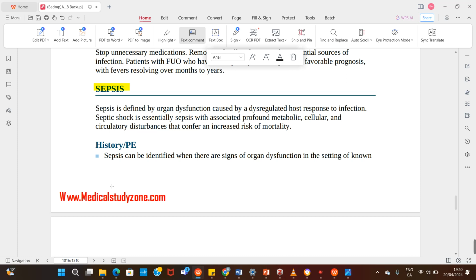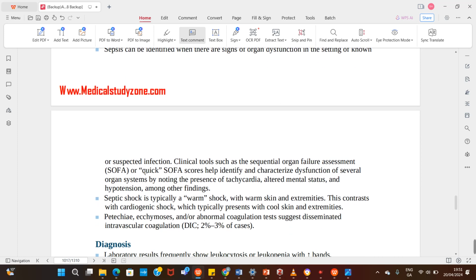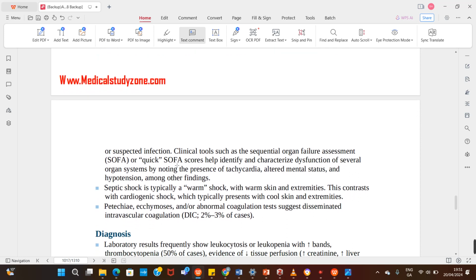We are still going to look at it, and you are going to see signs of organ dysfunction in a setting of an infection. Very, very important. There used to be some clinical tools that we used to assess for septic shock, which is the sequential organ failure assessment.